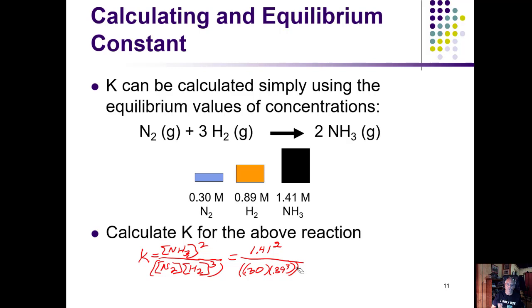And make sure that if you're going to do this all in your calculator, you put everything in the denominator in parentheses. If I do that, I get 9.4, and that is my equilibrium constant. Okay? All right.